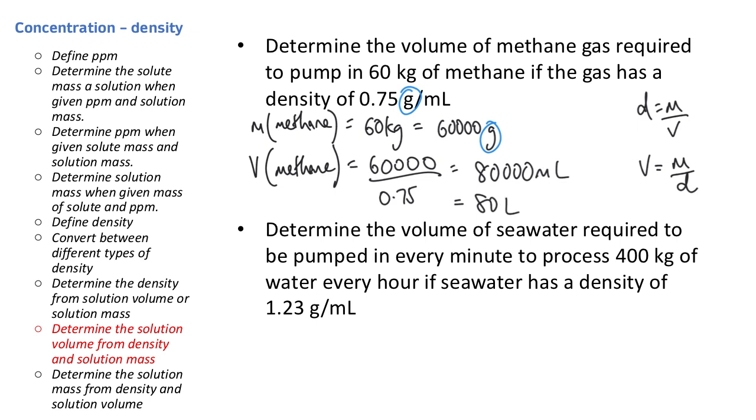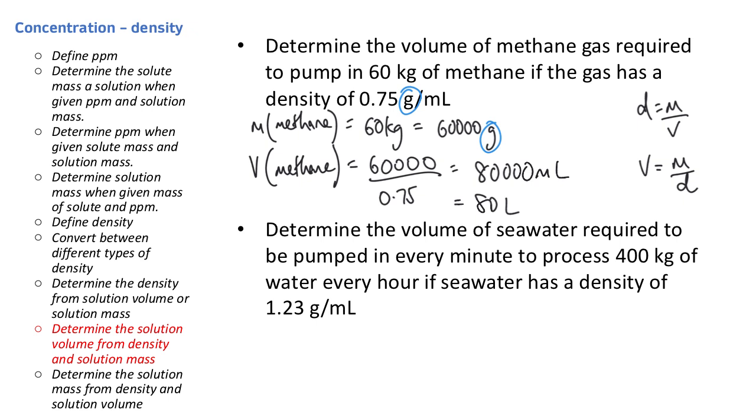But remember, how do you know that this unit here is in mils? Because the density value was given in mils, so this has to be in mils there. And then you convert it to liters if you want. Right, let's have a look at the next example.